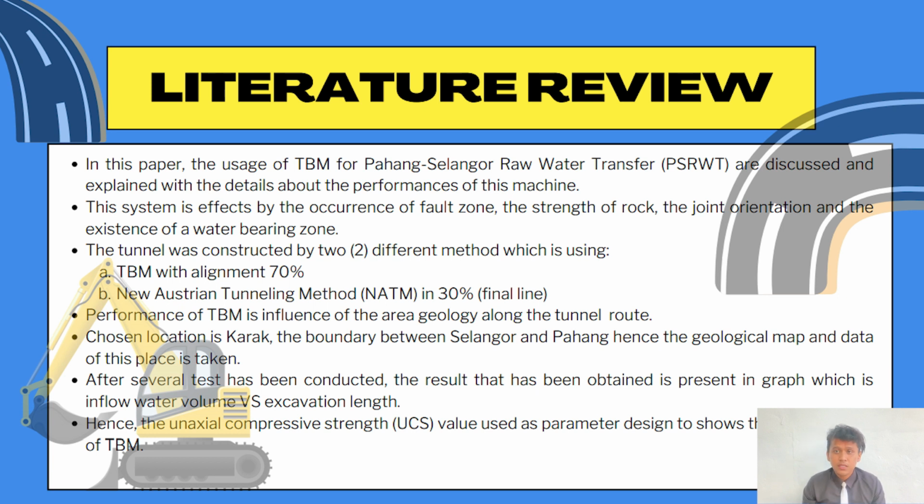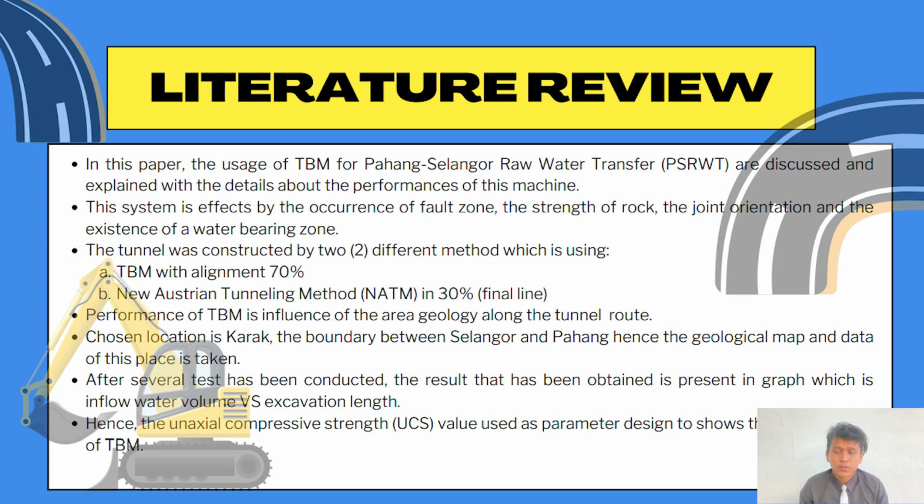Generally, we will discuss about the effects of this TBM, the occurrence of the fault zone, the strengths of rock, the joint orientation and the existence of a water-bearing zone, which are all factors that affect the tunnel boring machine. Therefore, we will discuss about the method used by TBM, which they have two.